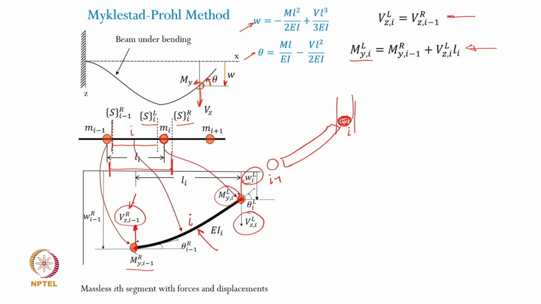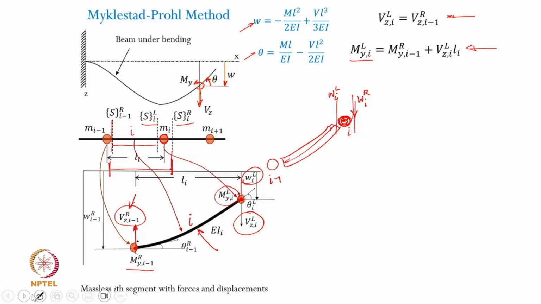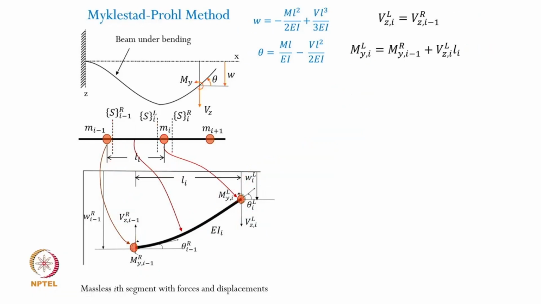It's a point mass here, lumping the entire mass distributed along the entire segment into a point mass here. So the vertical deflection Wi on the right side of the ith mass is going to be equal to the deflection on the left of the ith mass, because it's a point mass. The deflection just on the right and just on the left is going to be the same. There is no slope change, there is no deflection jump across these two state vectors, right. So this is the assumption that we have.